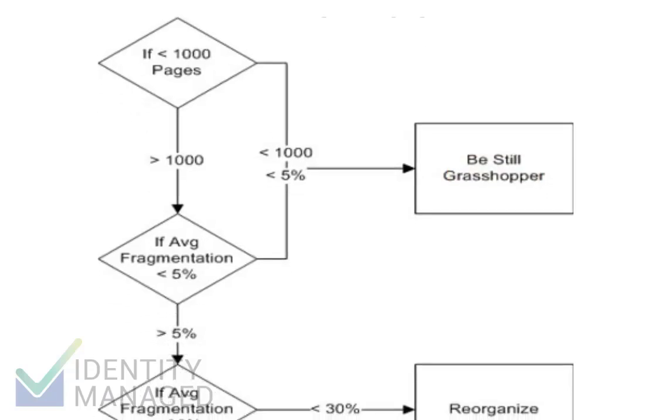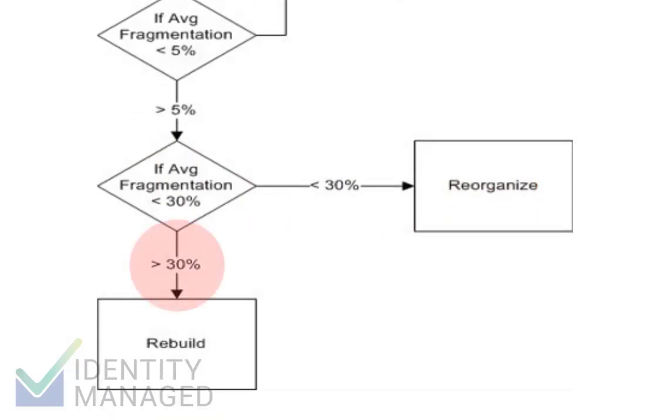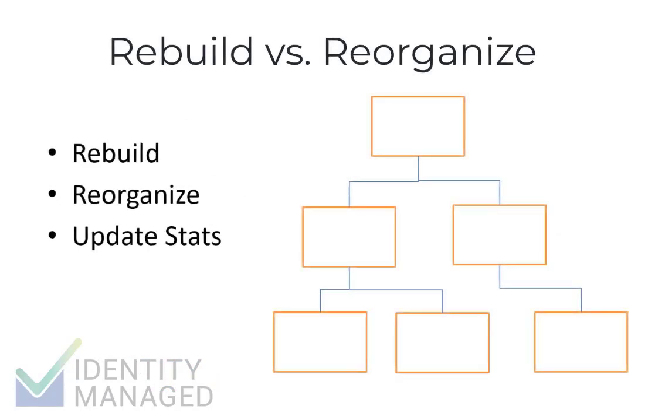If the average fragmentation, however, is greater than 5% but less than 30%, then we can do a reorganization. I'll explain the difference between these in a moment. If it's greater than 30%, then we need to do a rebuild, which is bigger. A reorg focuses on the leaf level, whereas a rebuild rebuilds the entire index, the whole tree.